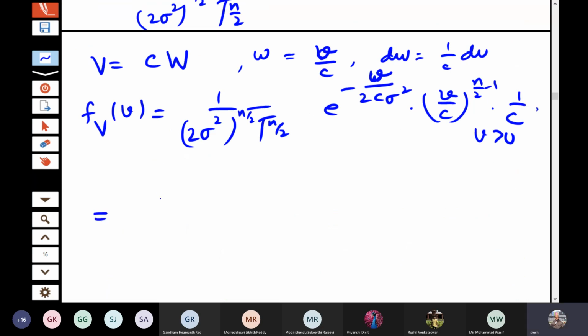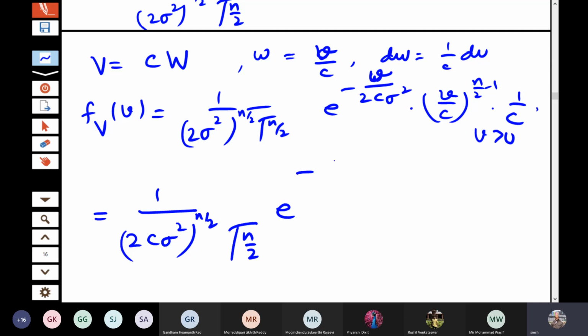So this becomes equal to 1 by (2 C sigma square) to the power n by 2, gamma n by 2, e to the power minus V by 2 C sigma square, V to the power n by 2 minus 1. This is the probability density function of CW.